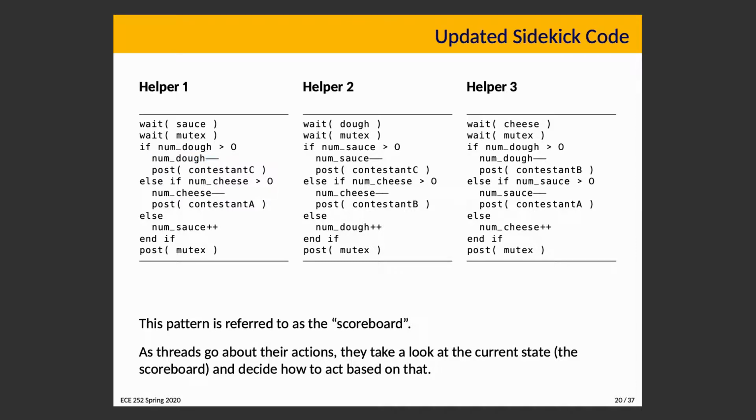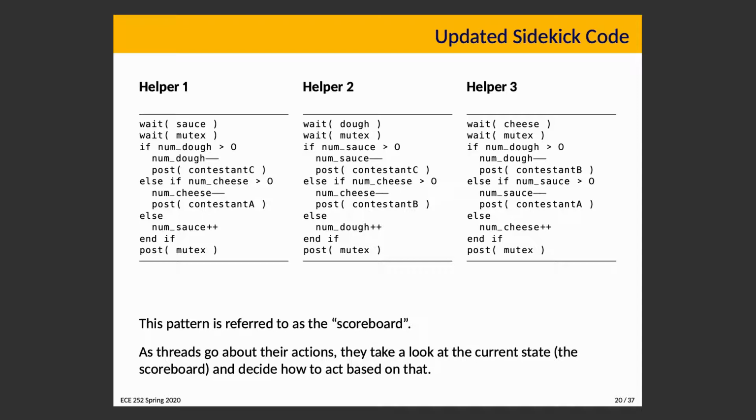But that very long dash should be read as minus minus. I can see that in the notes it is correct. So if the number of dough is greater than 0 and sauce has been placed on the table, decrement the count of dough, post on contestant C, telling contestant C it's your turn. If the number of cheese instead is greater than 0, decrement number of cheese and post on contestant A. Otherwise, just increment the number of sauce.